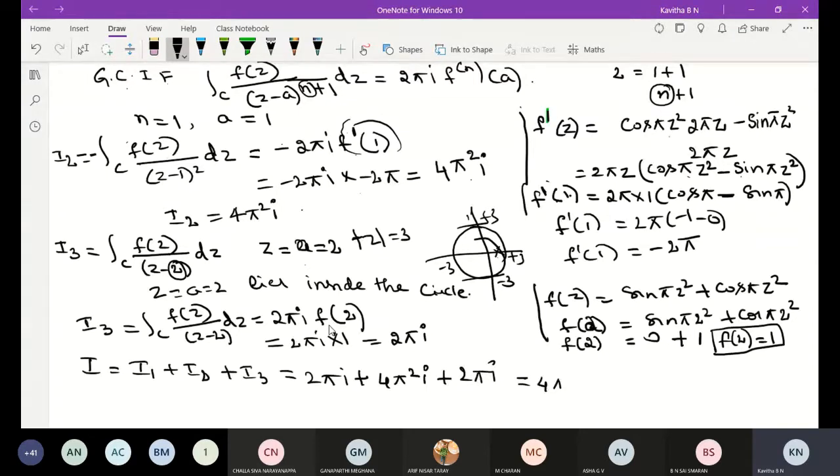Then we write 4 pi i plus 4 pi square i. Taking 4 pi i common, we get 1 plus pi. This is the required answer, very very important, 7 marks question.